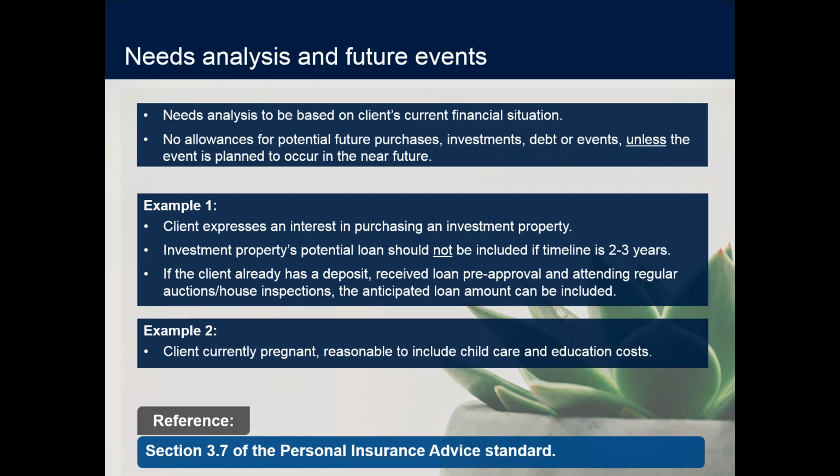Something you may want to consider here are products that actually allow the feature of increasing the sum insured over time. Again, for further information on this new update, please refer to section 3.7 of the Personal Insurance Advice Standard.